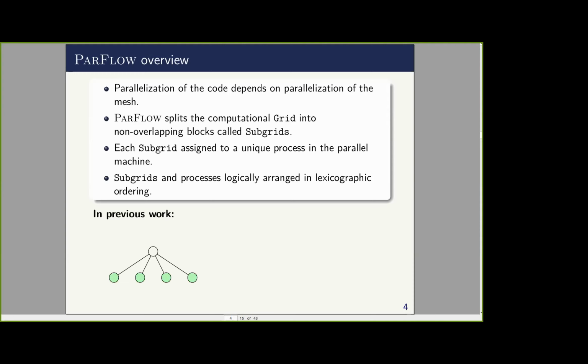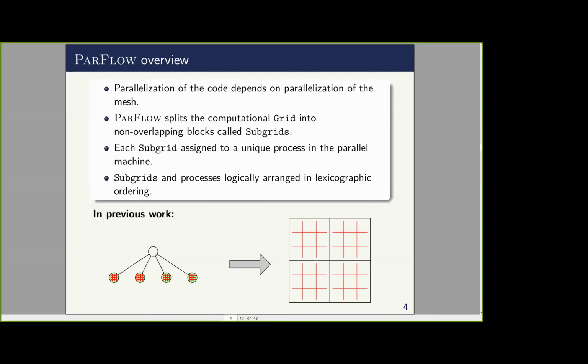And in a previous work, we delegated this whole process, the mesh management, to another library, which I will introduce in the next slide, but which basically uses a tree structure and puts on each of the leaves of the tree one of these subgrids to translate it into an equivalent Parflow grid.